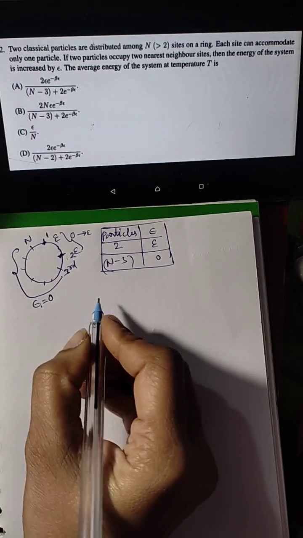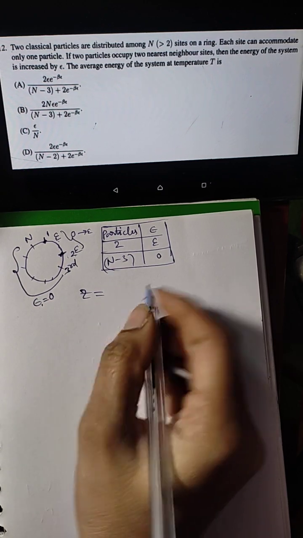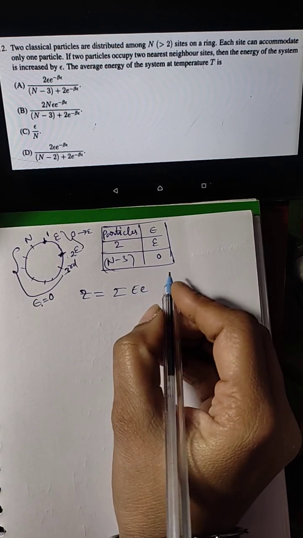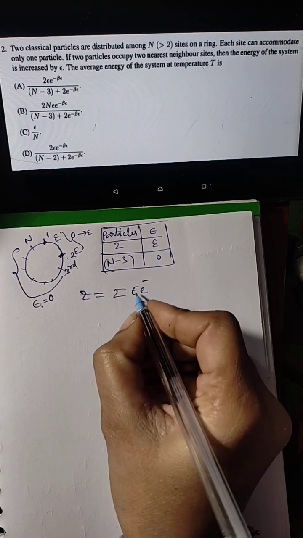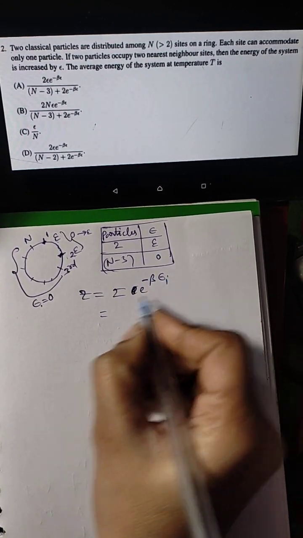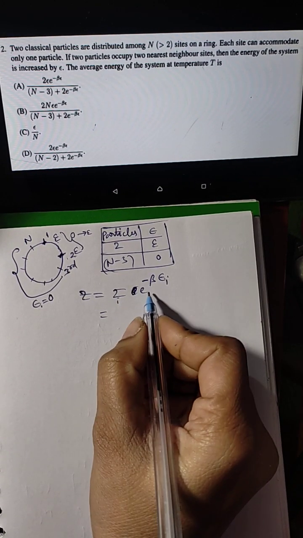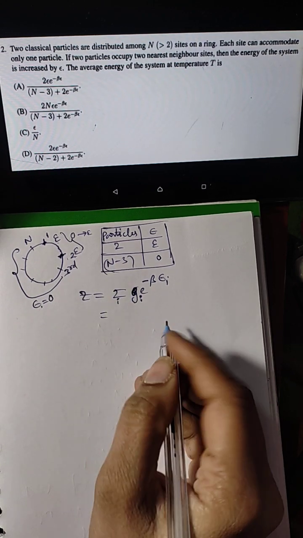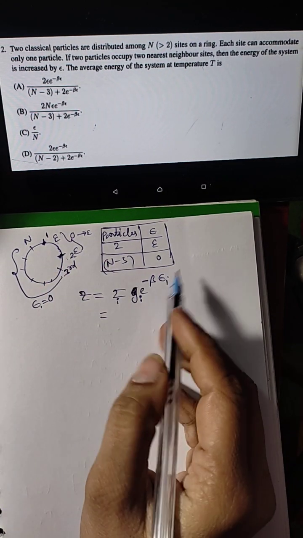So the partition function is given by the summation of g_i e power minus beta E_i. Here g_i is the degeneracy, and the degeneracy is 2 here.